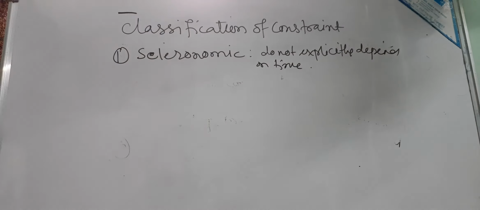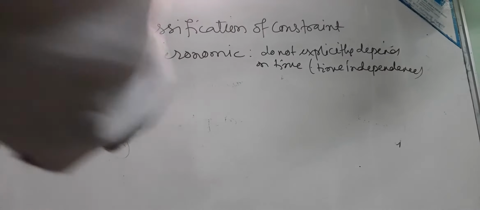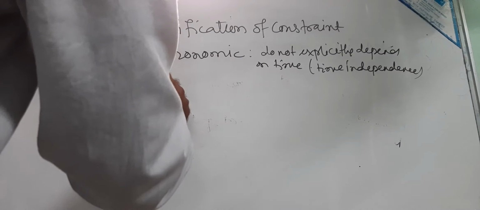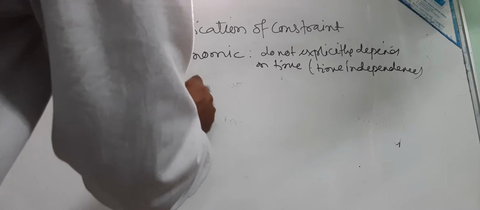That is the scleronomic constraint, or you can say it is time independent. Number 2 is rheonomic. A rheonomic constraint means it depends explicitly on time.